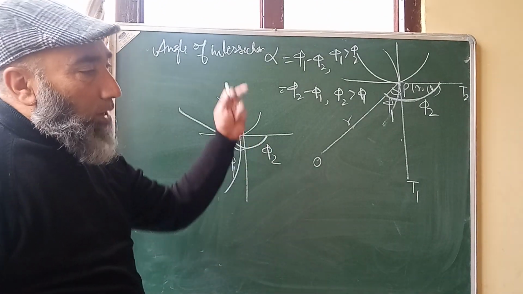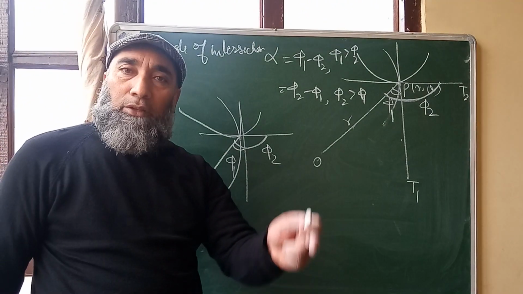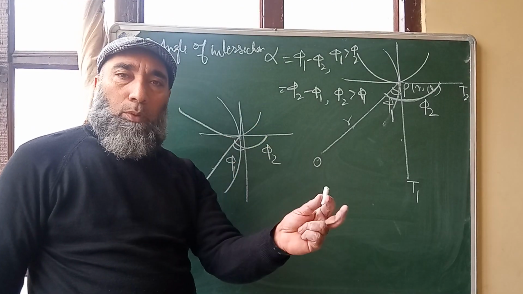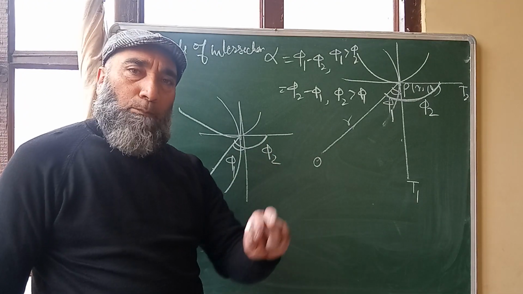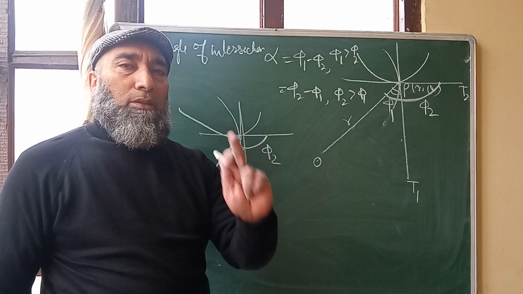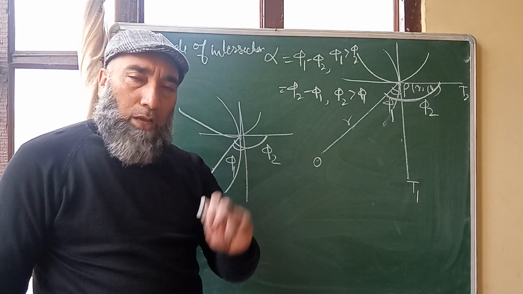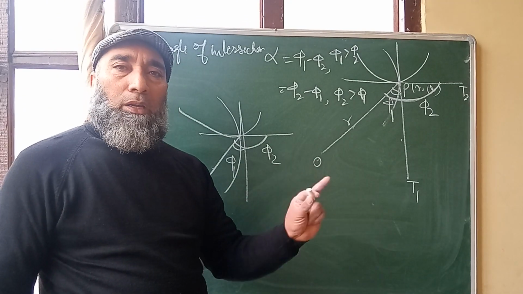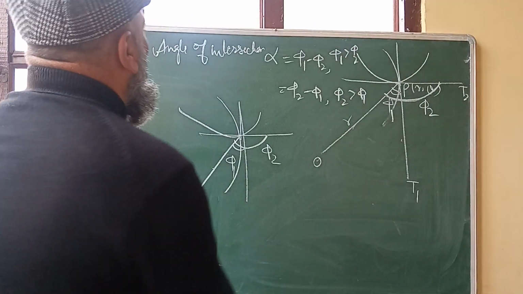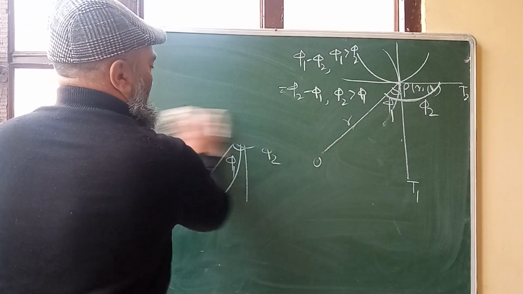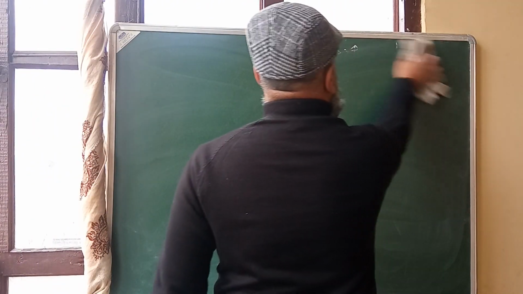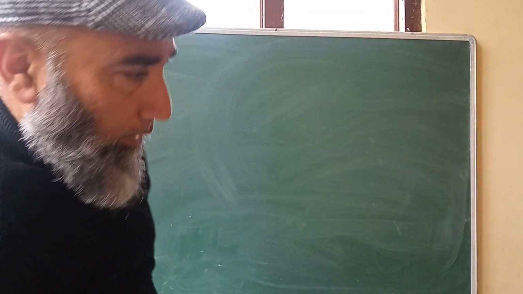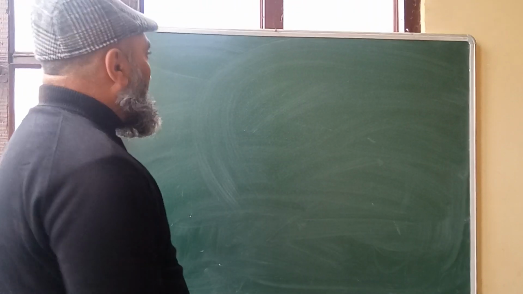So let me now come to polar tangent, polar subtangent, polar normal and polar subnormal, which you have already studied in your 12th class for the curve y equal f(x), Cartesian coordinates only. I will be discussing it for the curve r equal f(theta).